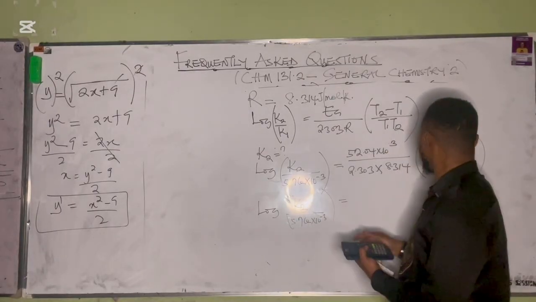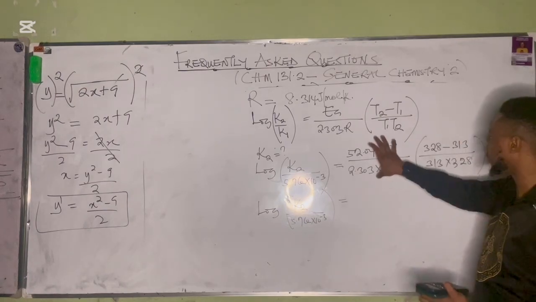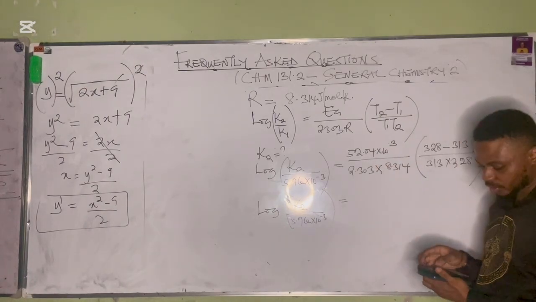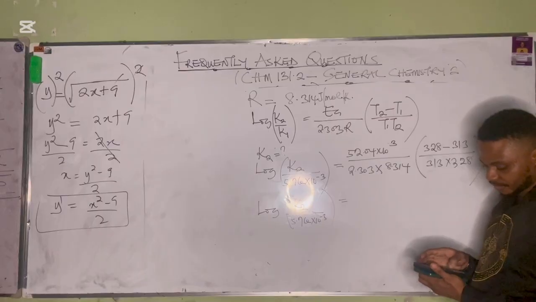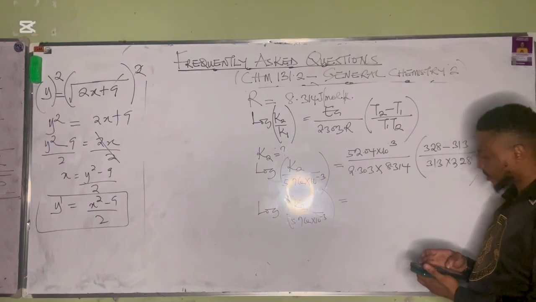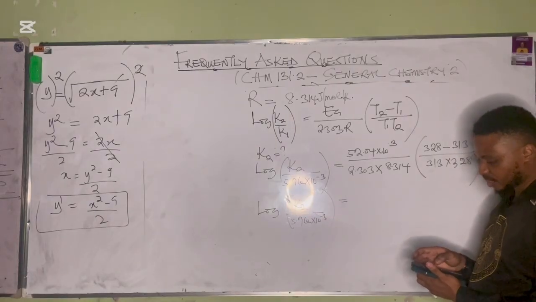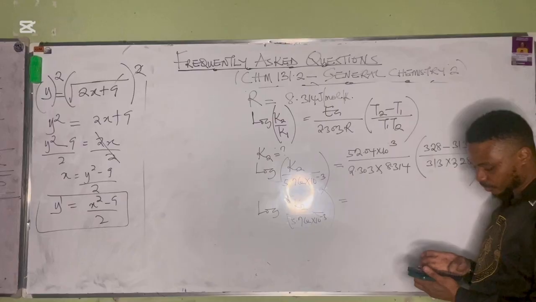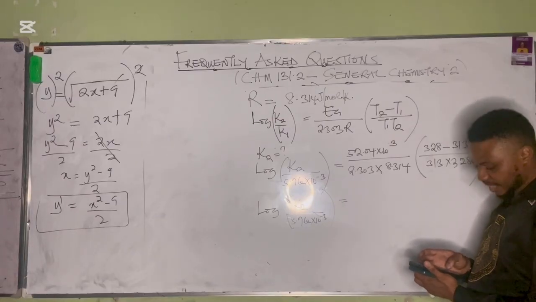now let's divide this. In fact, let's just divide it, then multiply by this as well. So let's just do everything together. So we have 52.04 times 10 raised to the power of 3, times 10 raised to the power 3 divided by 2.303 times 8.314.